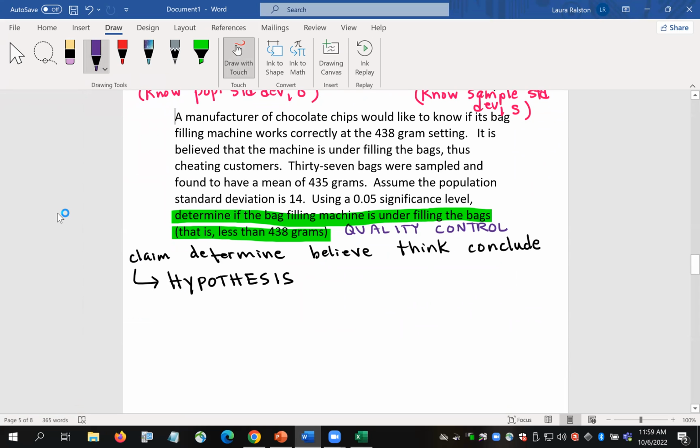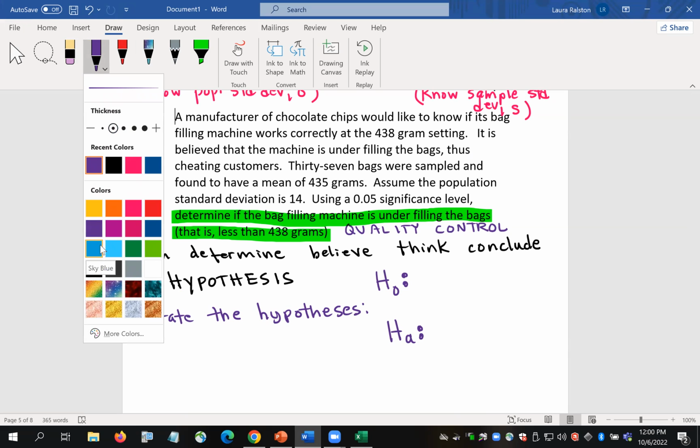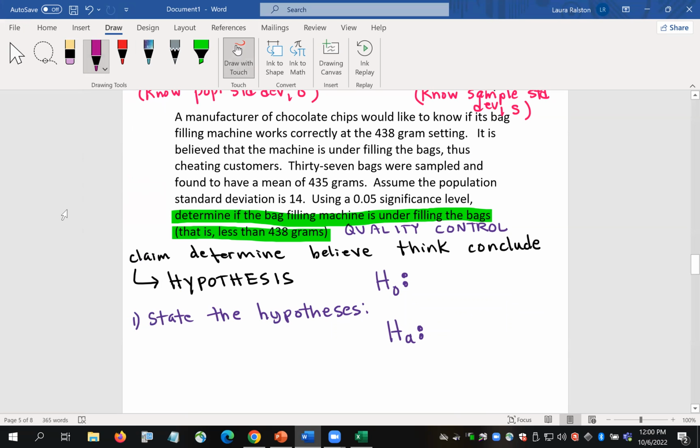Do you have the null hypothesis or the alternative hypothesis, because remember the first step in the hypothesis testing process is to state your hypotheses. Okay, so we need to be able to state our null hypothesis and our alternative hypothesis. And one of those has been given to me in the problem. And I have it highlighted there in green because, again, I found the word determine.